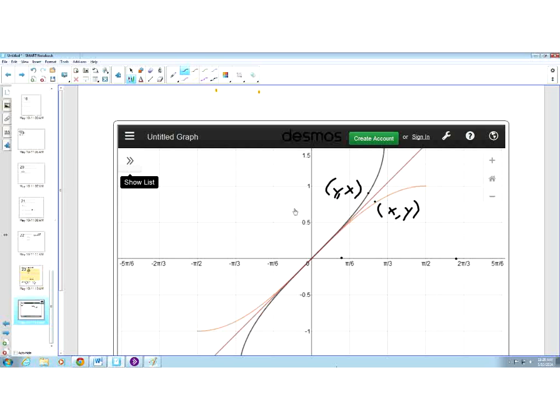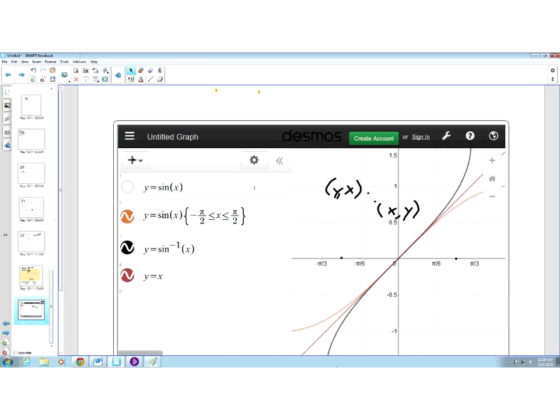And so functions and their inverses are symmetric with respect to the line y equals x. I thought I'd sneak that note in there for you. All right, so that's inverse sine. So we can talk about inverse cosine, if this thing will let me. Let's get rid of this function, get rid of this function. We can leave y equals x there.